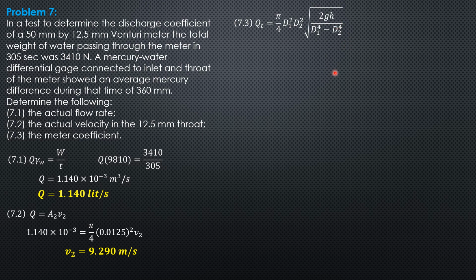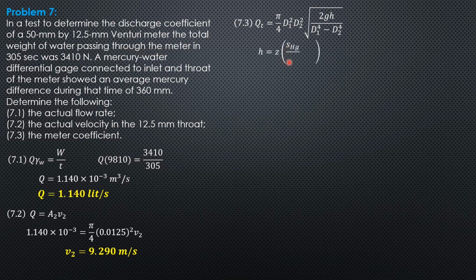Where h, you look at the formula for h in example 3 on flow meters, and it is equal to z times quantity specific gravity of mercury divided by specific gravity of the flowing liquid, which is water, minus 1.